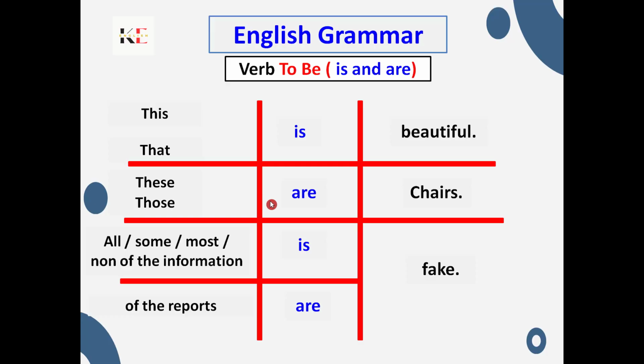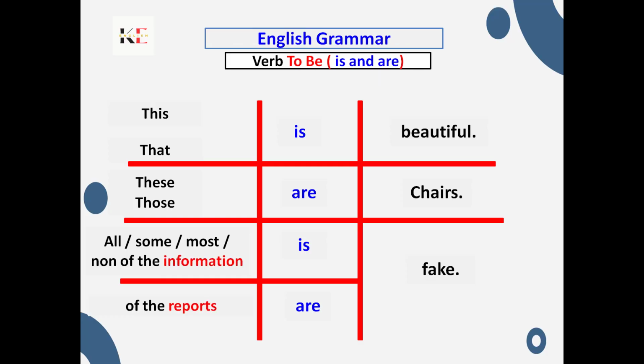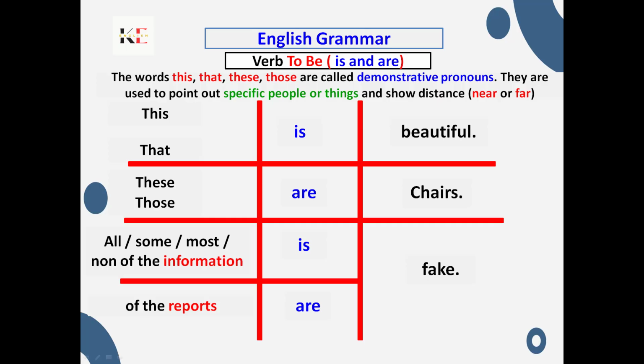I'll tell you the reason why we use is with this or that. The words this, that, these, those are called demonstrative pronouns.